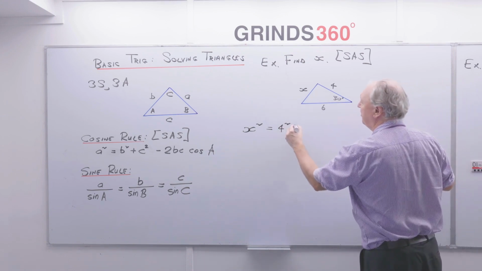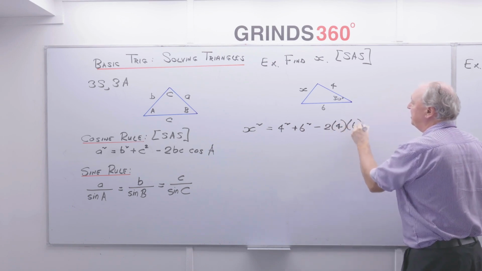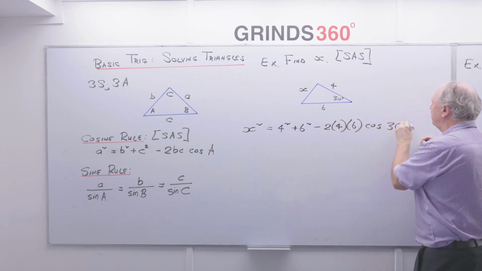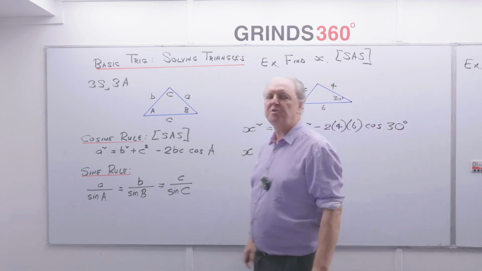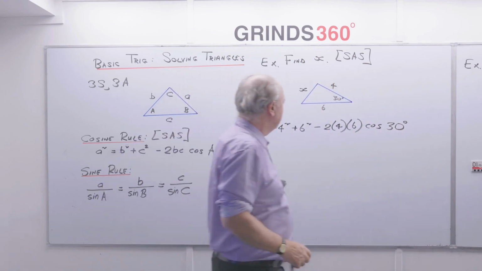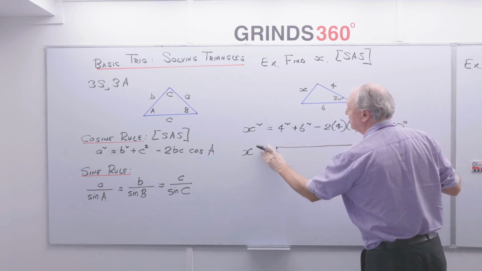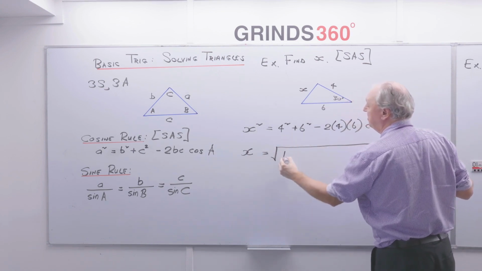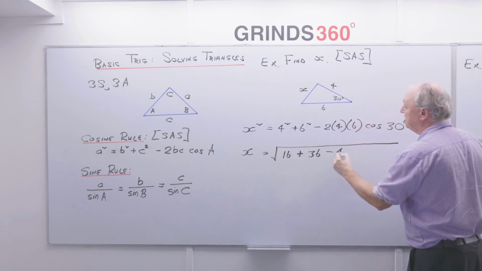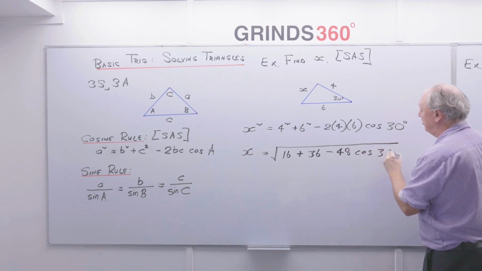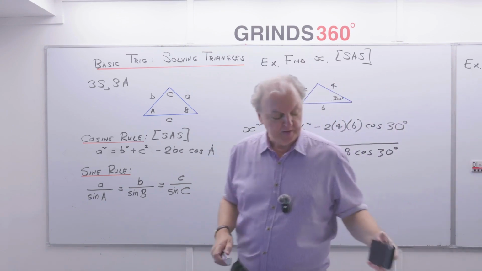Therefore, x is going to be the square root of all of that. If you want to do a little bit of tidying up, you can do it. The square root of 16 plus 36 minus 48 cos 30 degrees. So let me put that into my calculator.